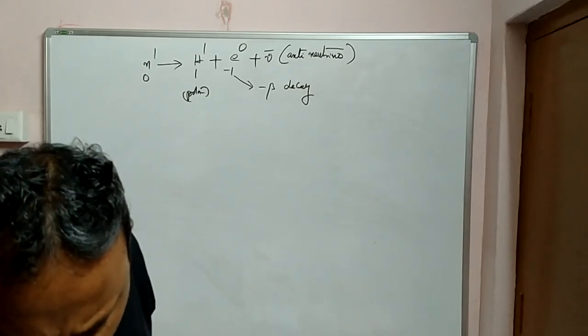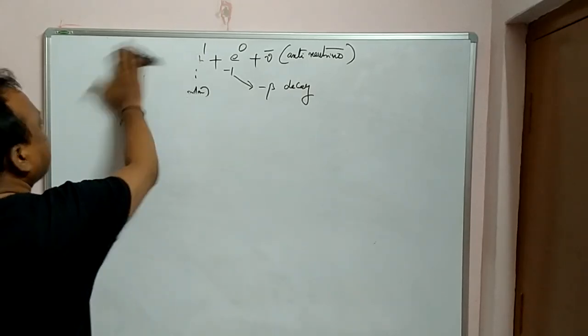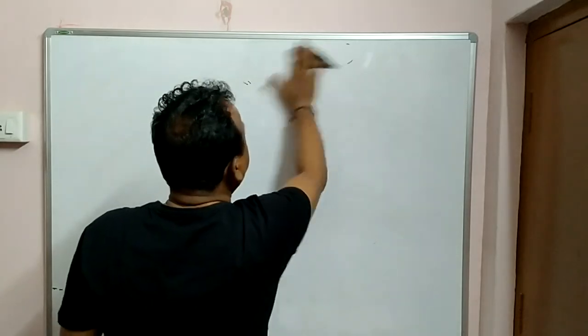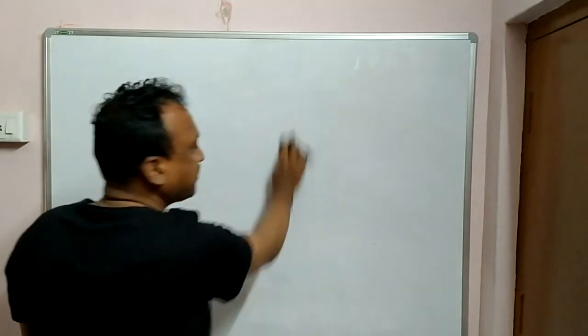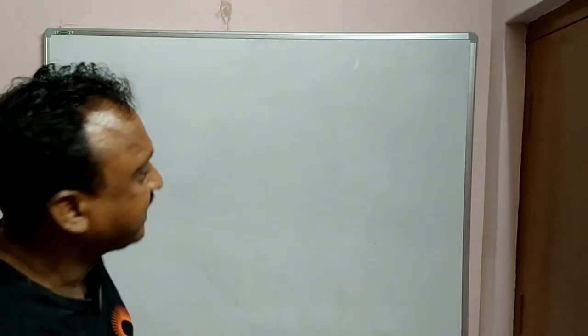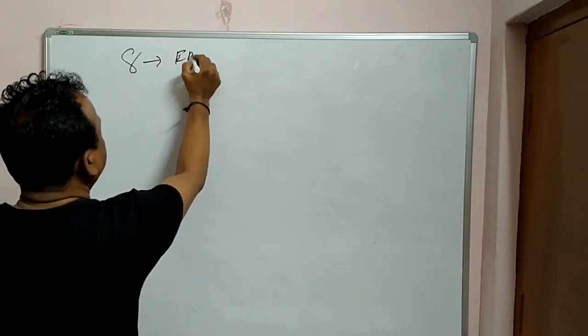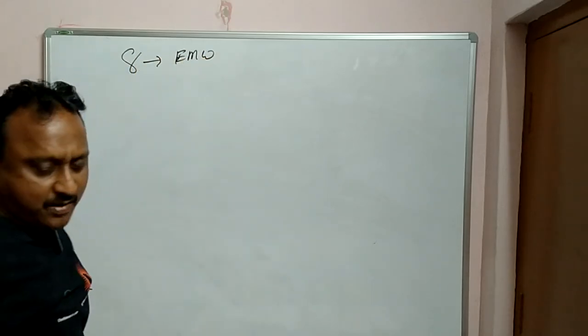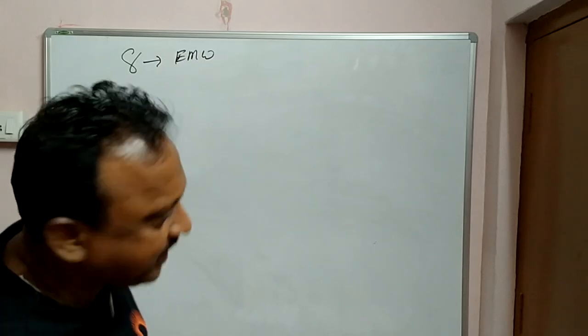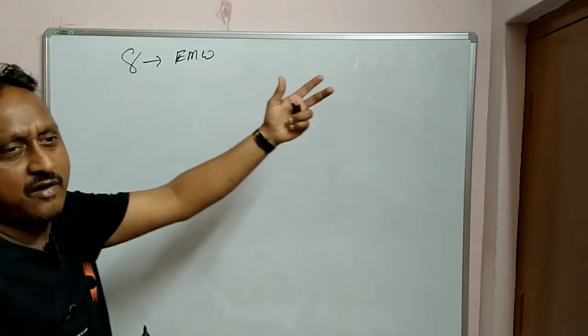Coming to gamma decay, the last one. Gamma can come out with alpha emission and also with beta emission. Gamma is what? An electromagnetic wave. Gamma radiations are nothing but electromagnetic waves that travel with the speed of light.